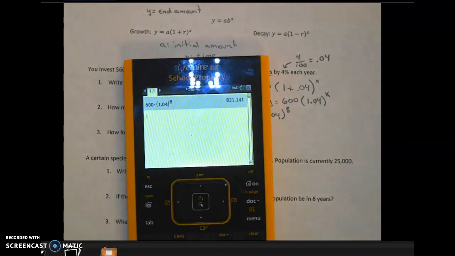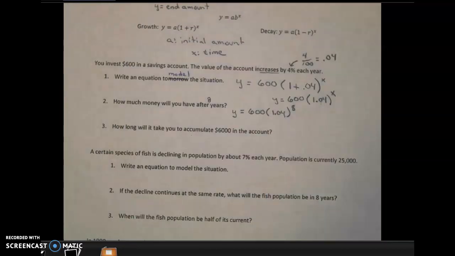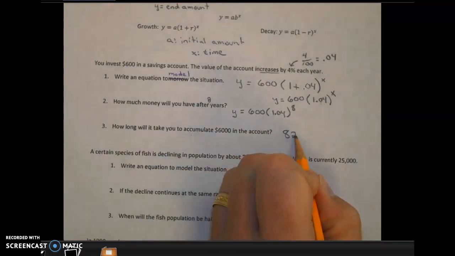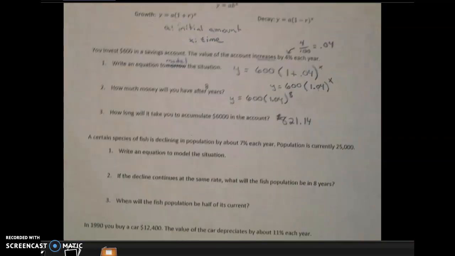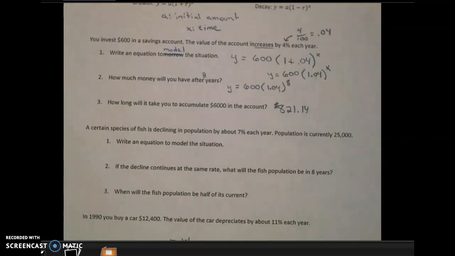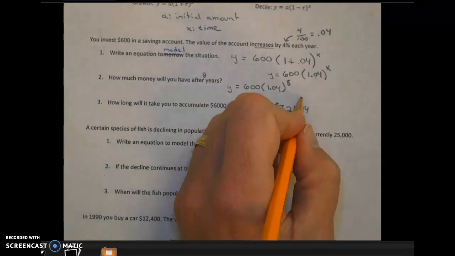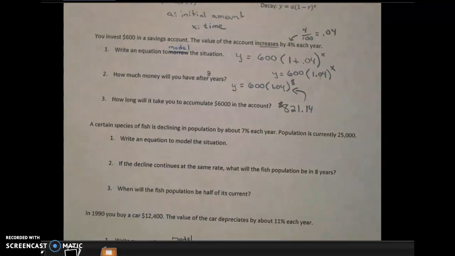So after 8 years, we'll have $821.14. Always put labels on your answers. That's the answer to that problem.